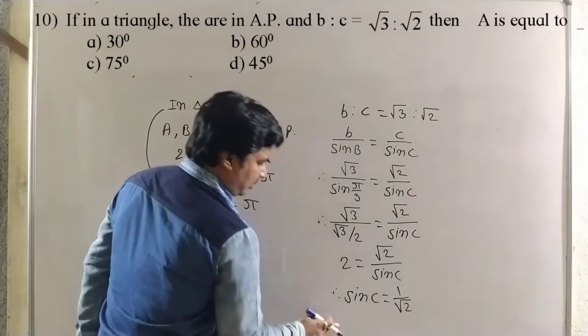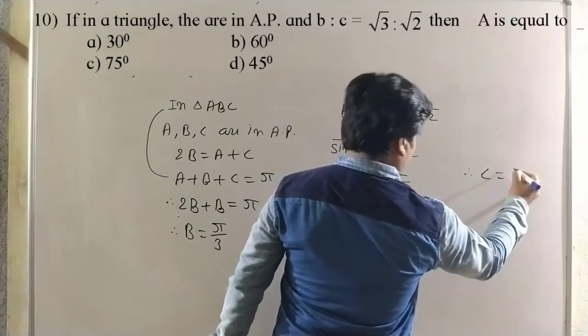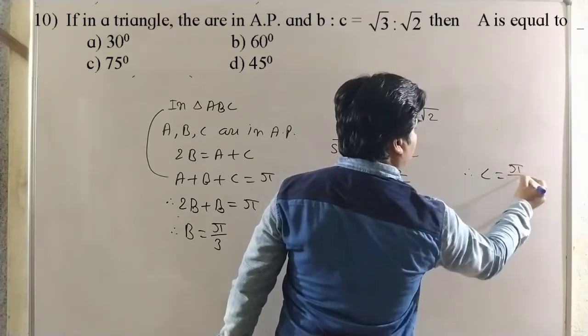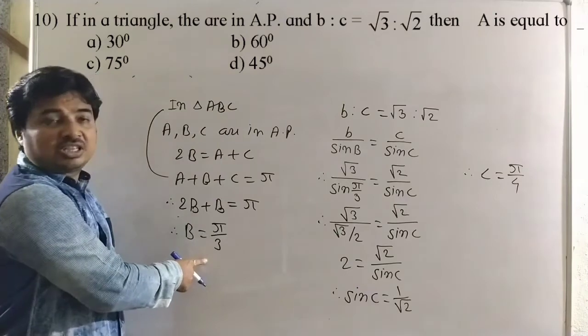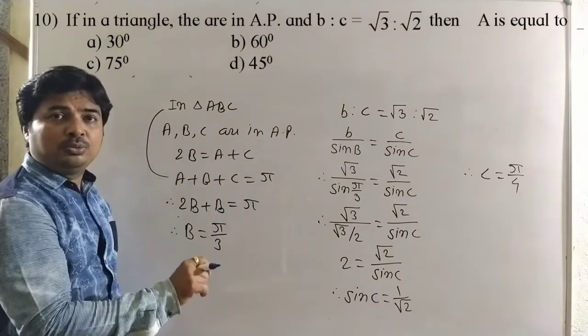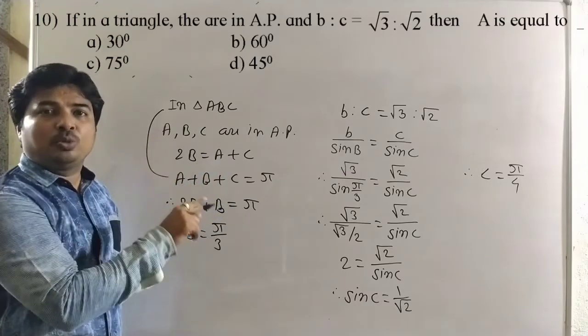And therefore the angle C is equal to pi by 4. See carefully this. The angle B is pi by 3, that is 60. C is pi by 4, that is 45. 60 plus 45 is 105.